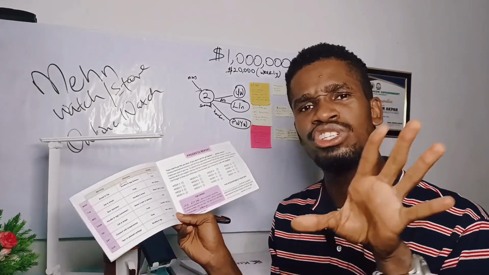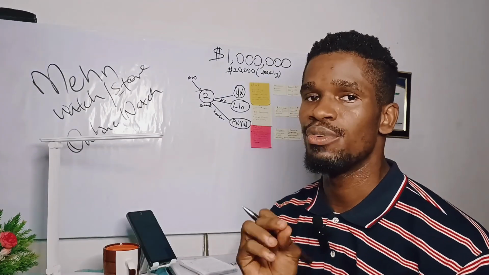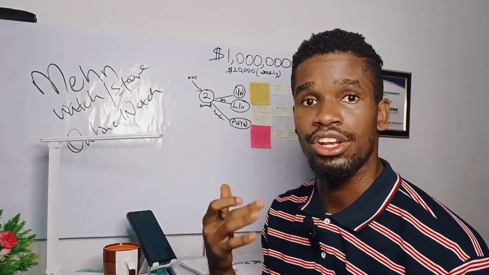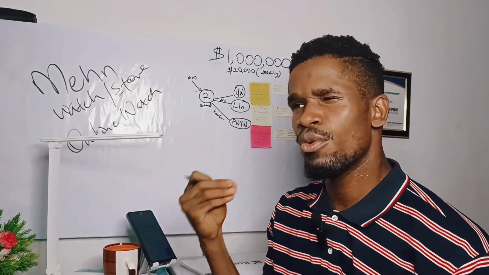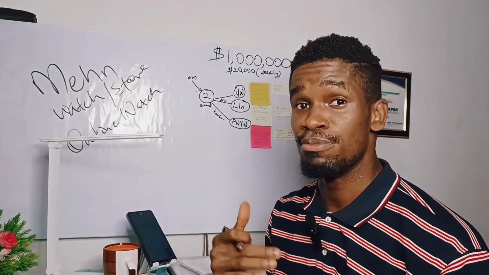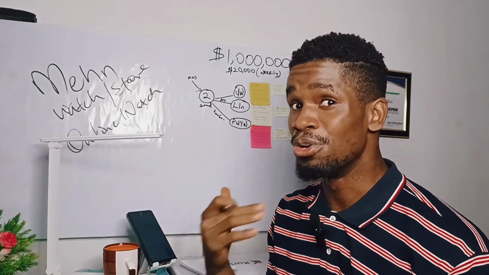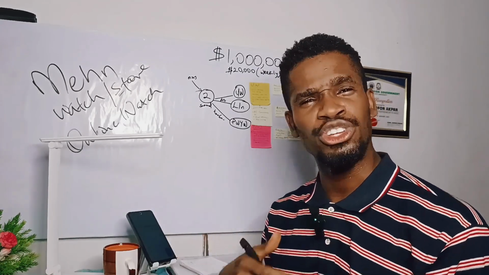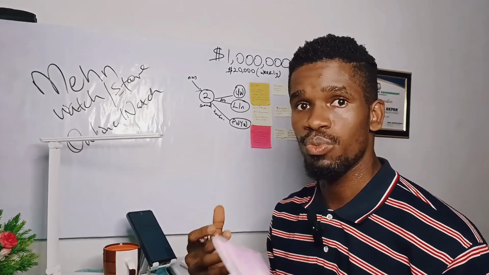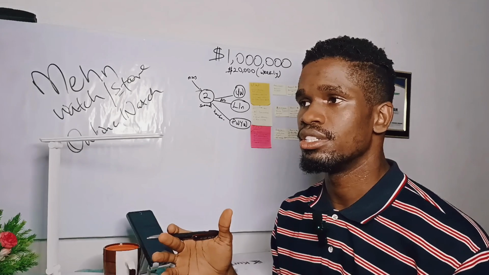Let me share a story with you, something that really hurts me even till the present date. I had a friend, someone I knew, we worked together. Currently she would have been like a multi-millionaire. I don't know if she knows that, but she had a very solid brand. I was working with her towards building that brand.